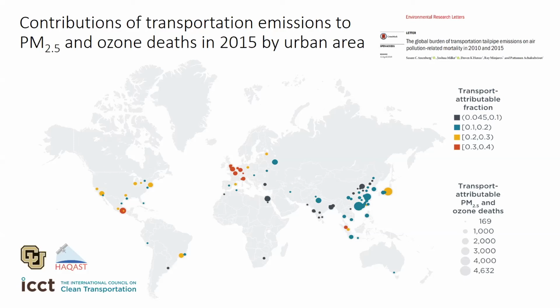And it indicates that in these locations, other sources of emissions have largely been reduced, so that transportation is still a very significant contributing source to air pollution related mortality.